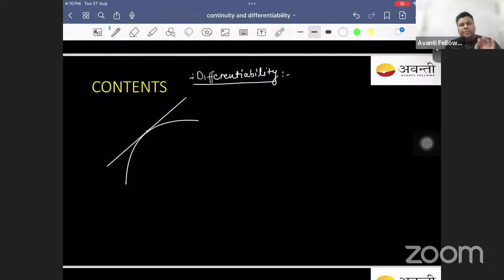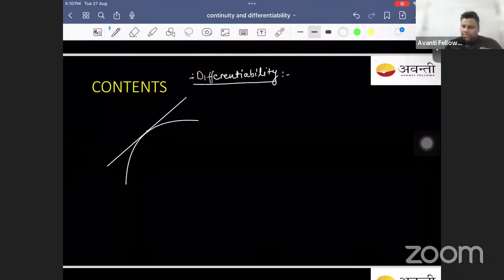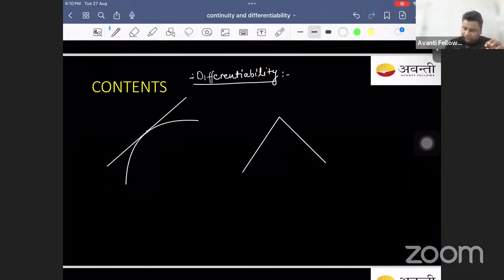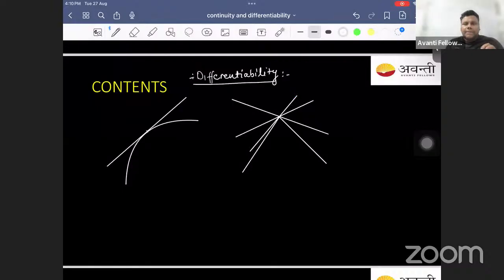Now, say the function is something like this. Are you able to draw a unique tangent on it? Because of this sharp corner, no tangent.